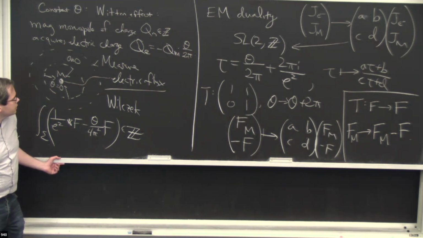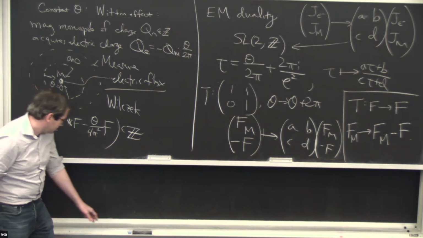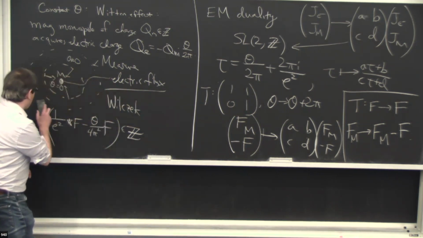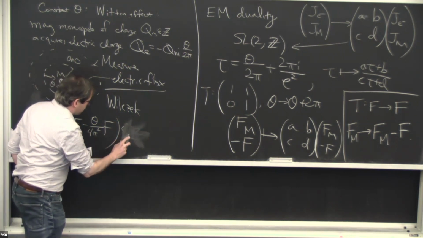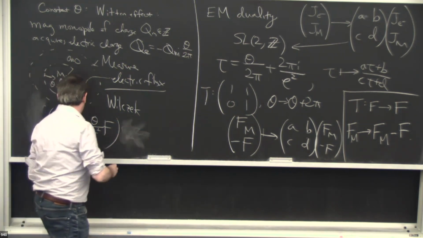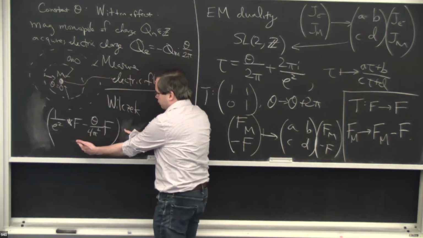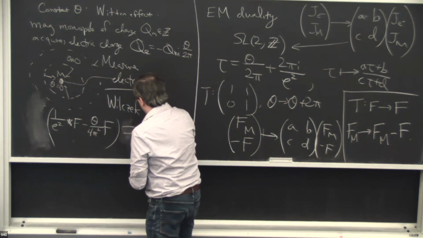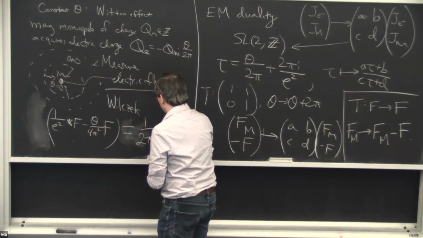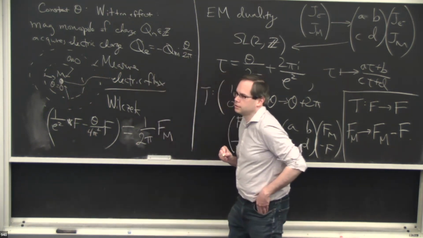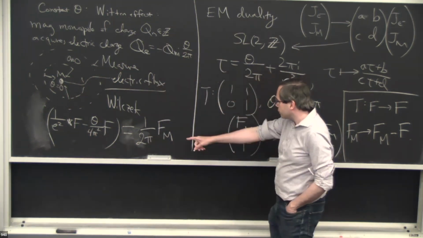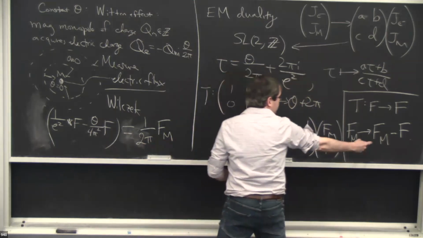F_M is the thing that we want to be the magnetic field strength, which you should define by looking at this thing that has quantized flux, and equating it with 1 over 2 pi F_M. Okay, and from that description, you can also see why this happened.